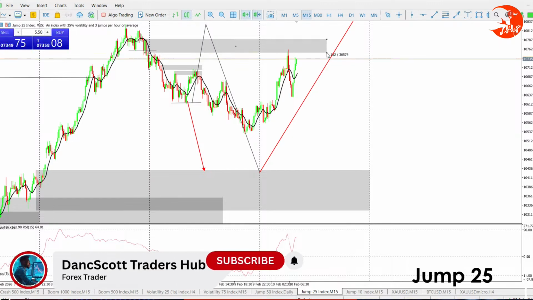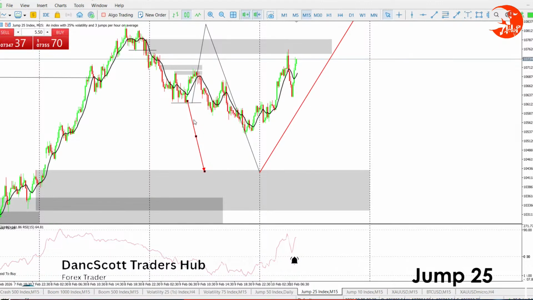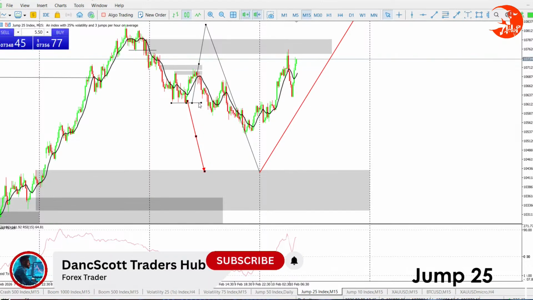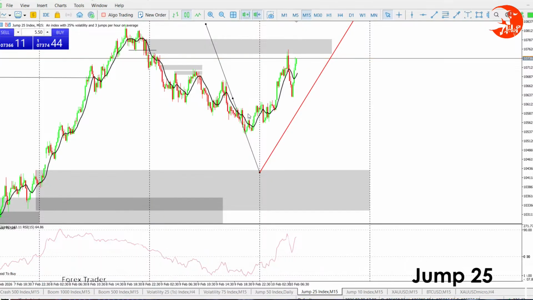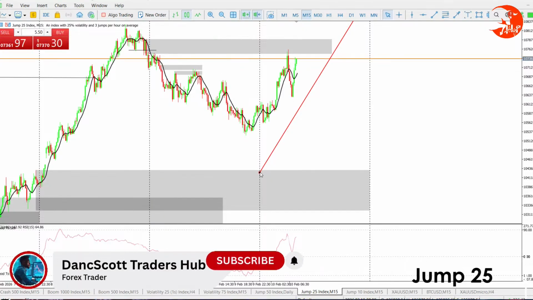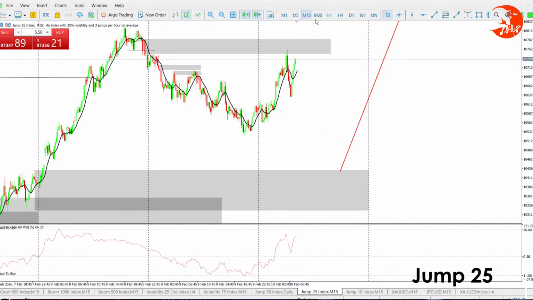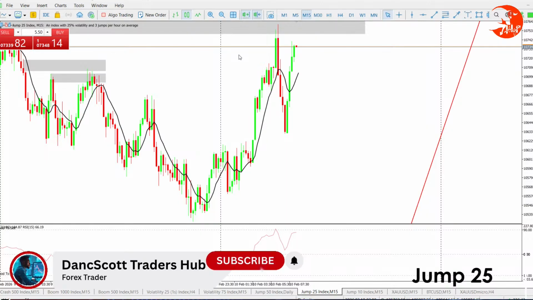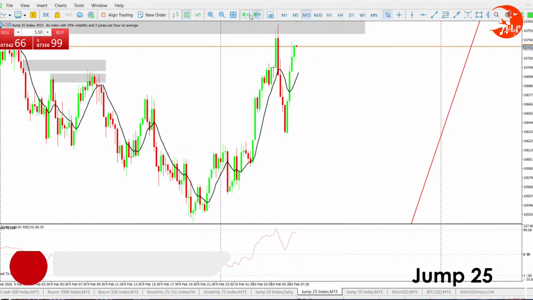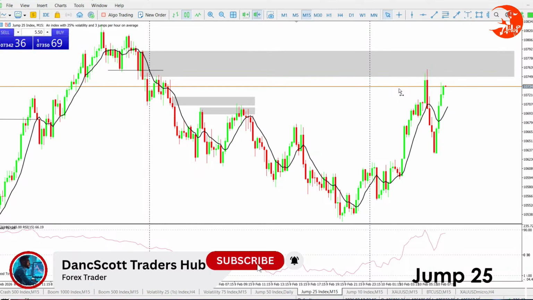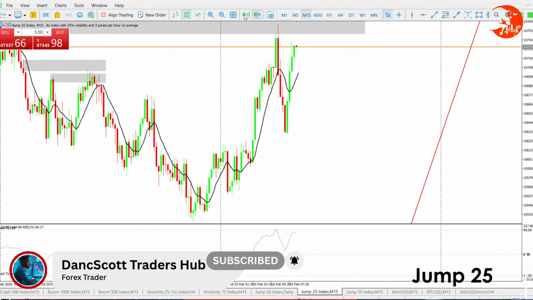But it's not yet ready to start selling, so I want to first delete this. Looking at M15, it's getting ready for the sells, right?